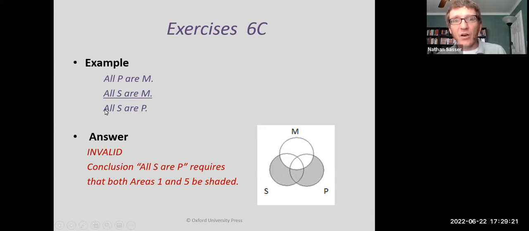Now, look at all S are P. If that was true, here's what we'd have to see diagrammed. There would be no S areas left white that were outside of the P area.